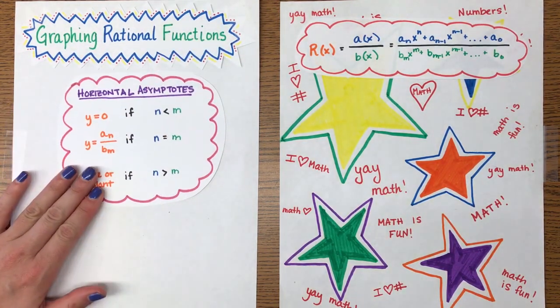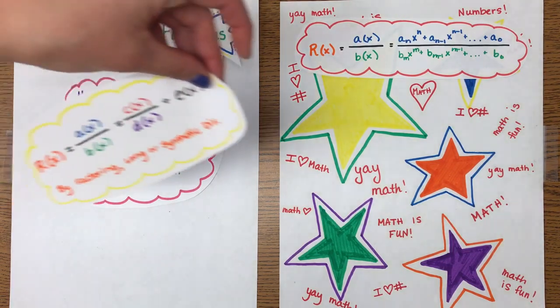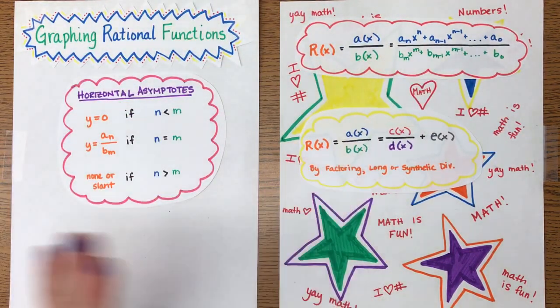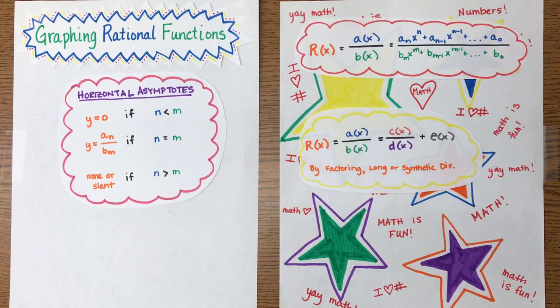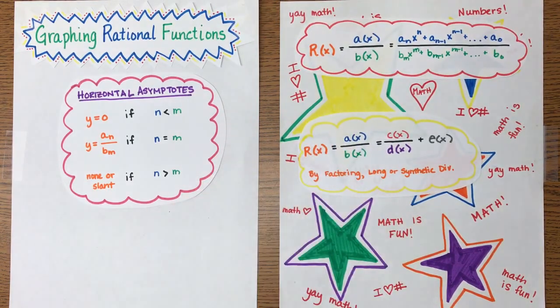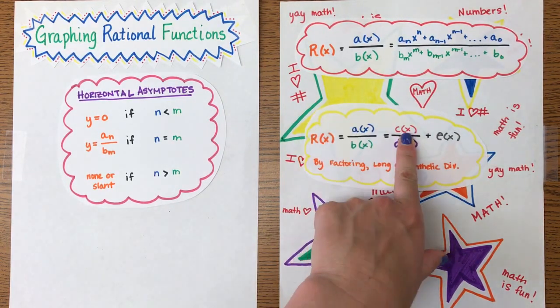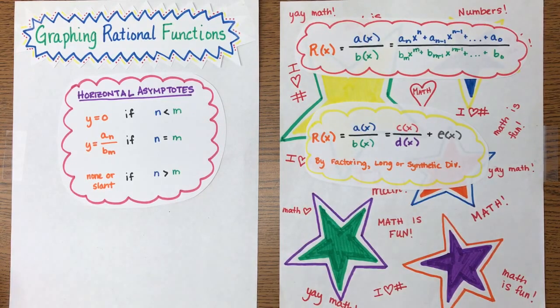But in order to look at these, we are going to talk about a different way we want to write our equations. If the general form of my equation is a polynomial over a polynomial, a really helpful way of looking at it is as a ratio plus something else.